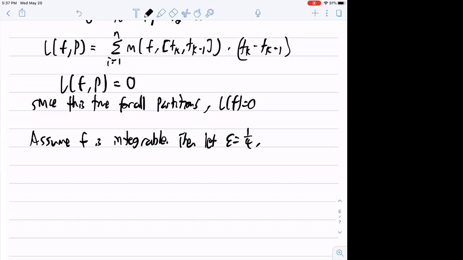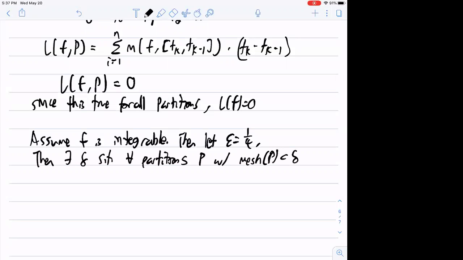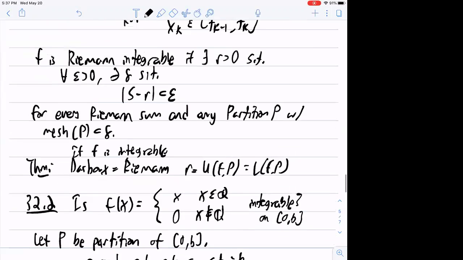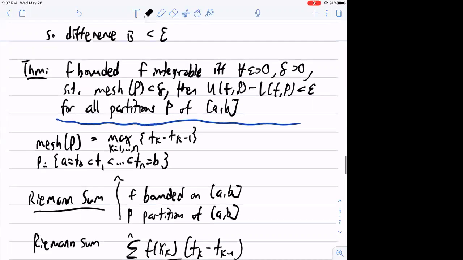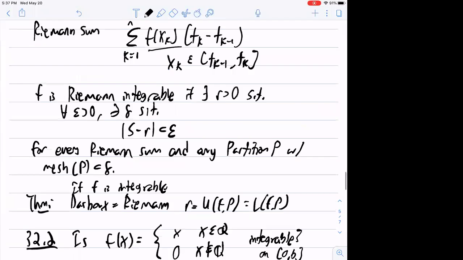In this case, 1/4 works. Then the theorem says there exists delta such that for all partitions P with mesh P less than delta, we have what? U(f,P) minus L(f,P) is less than epsilon, right?